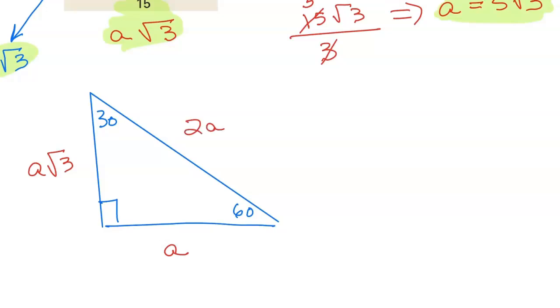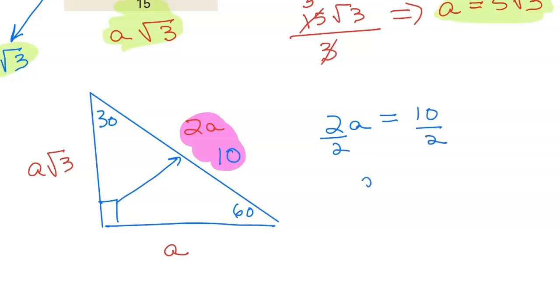What if I told you that the hypotenuse was 10? Can you solve for the other two sides? Well, the fact that the hypotenuse is 10 matches up with my labeling to give me an equation. 2A equals 10. Get A by itself, divide by 2. So A is 5.